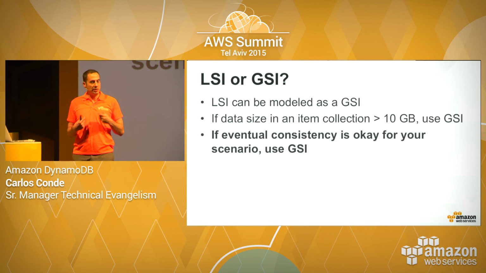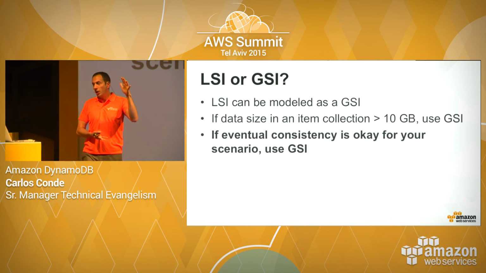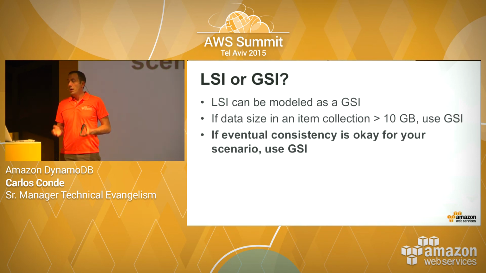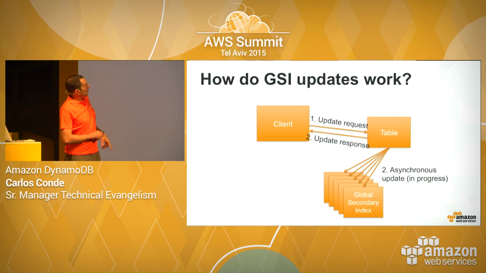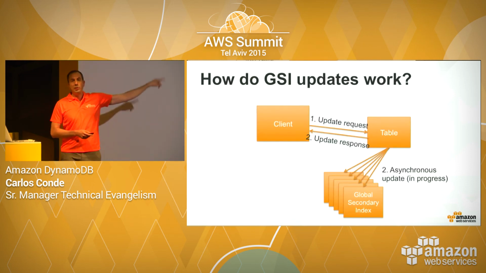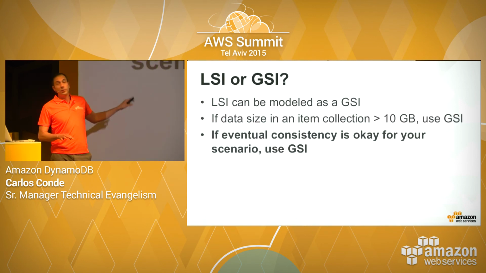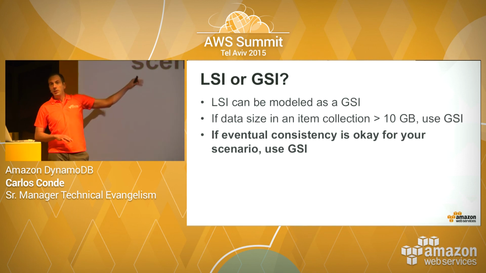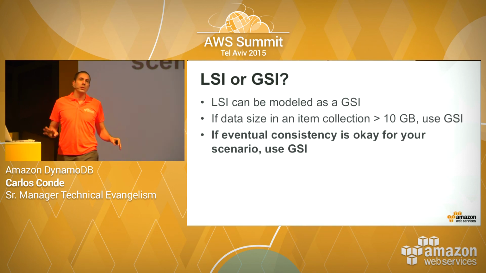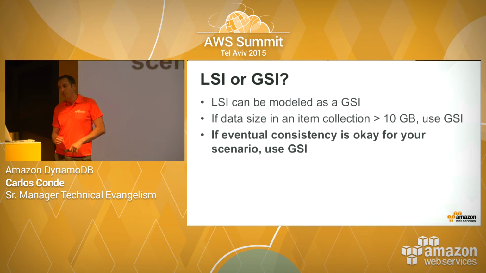They are not limited by the 10 gigabyte hash key limit. But they are going to be eventually consistent because, as you saw here, we send the response and asynchronously update the global secondary indexes. So if this scenario of eventual consistency in the secondary index is okay for you, I will definitely recommend you by default use the global secondary indexes instead of the local secondary.